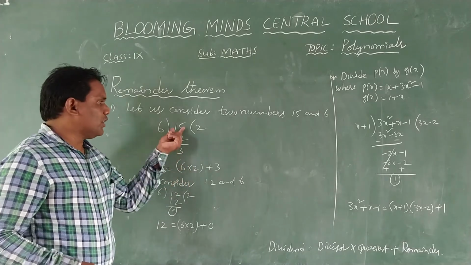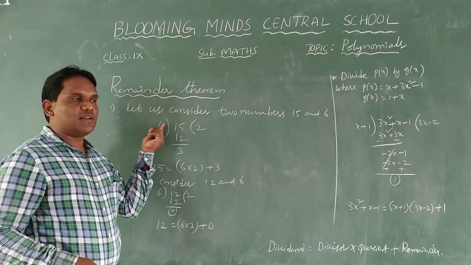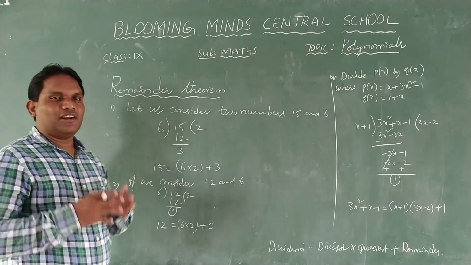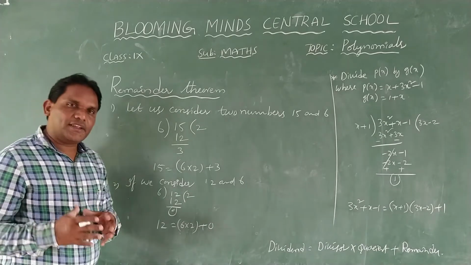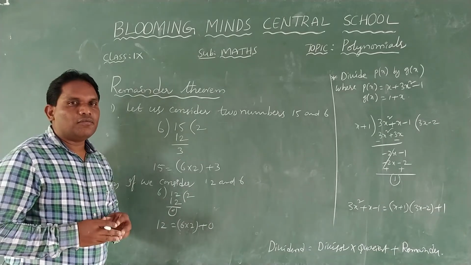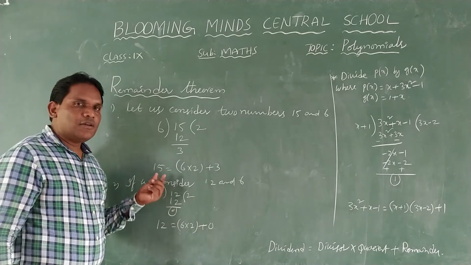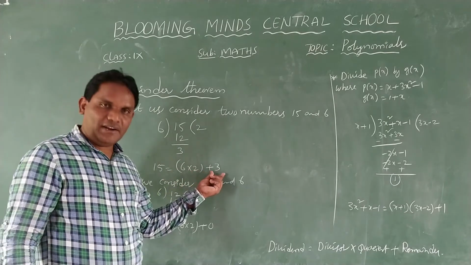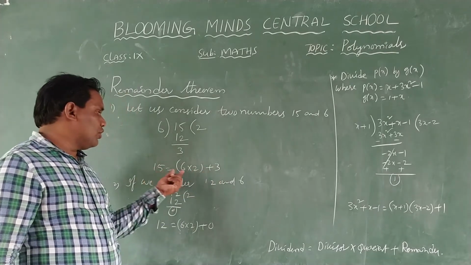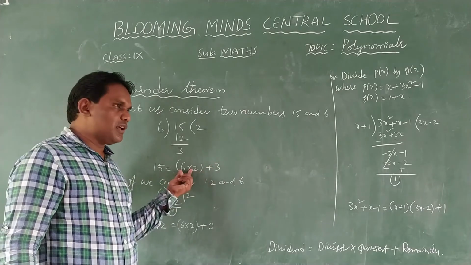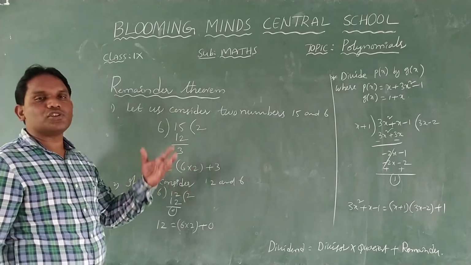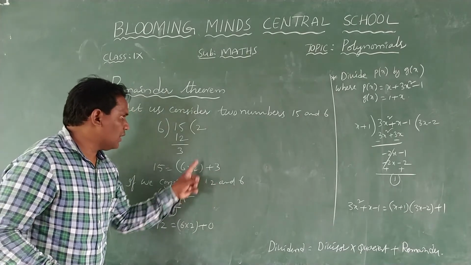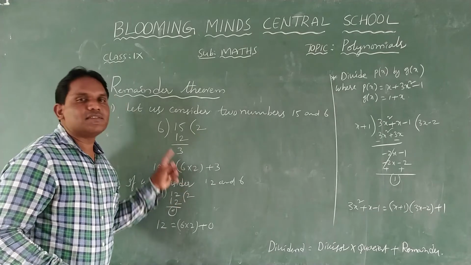That means 15 is the dividend, 6 is the divisor, 2 is the quotient, 3 is the remainder. To verify whether it is right or wrong, as we did in our previous classes, dividend is equal to divisor into quotient plus remainder. So 15 is equal to 6 into 2 plus 3, 6 twos are 12 plus 3 is 15. Yes, it is verified. Here the remainder is 3, the quotient is 2, the divisor is 6.